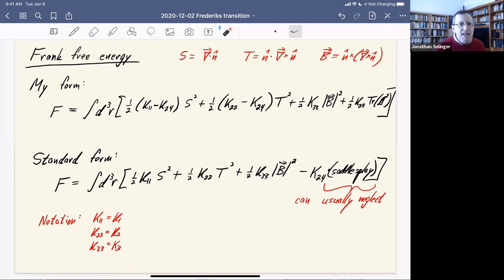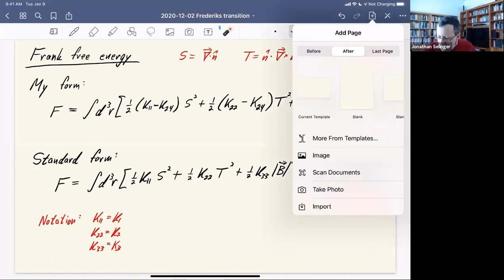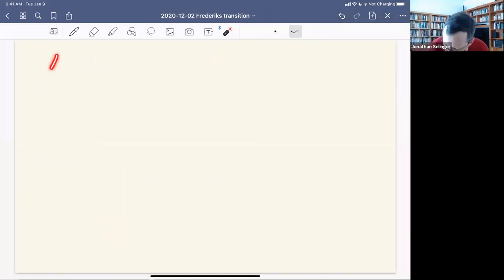What I want to do in this class is to give an example of how to work with the Frank free energy. The kind of problem that I want to consider is a problem where we want to find the director field. So our goal is to find the director as a function of x, y, and z.